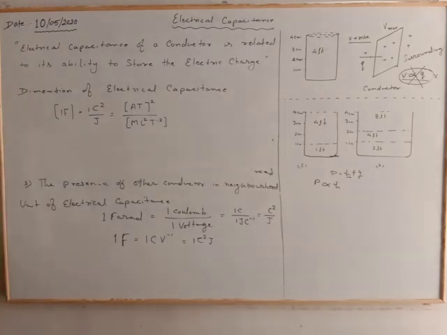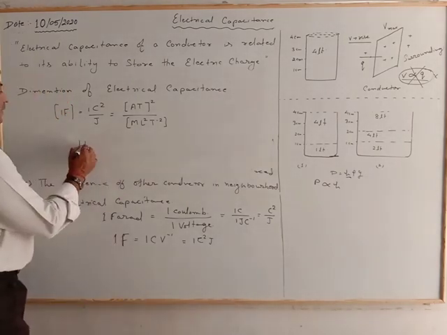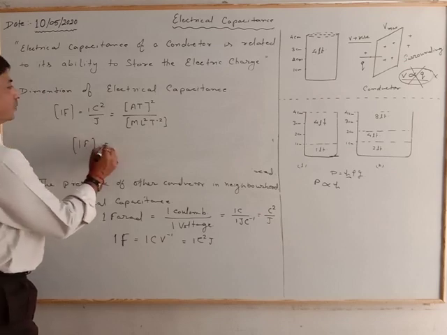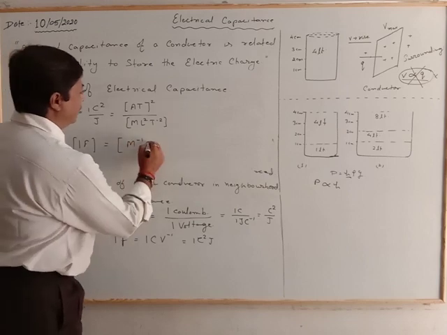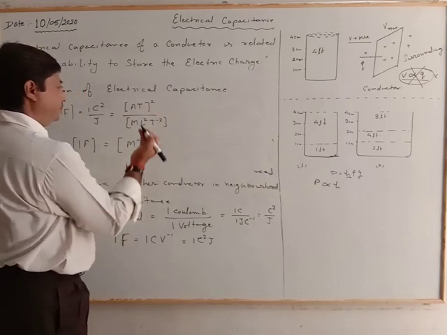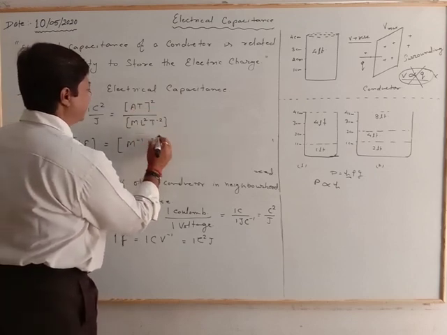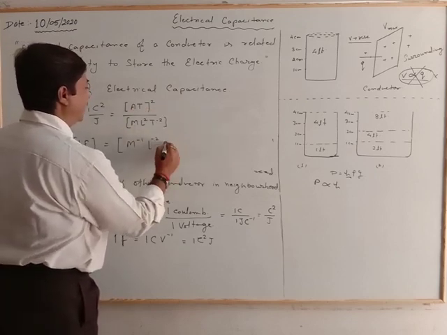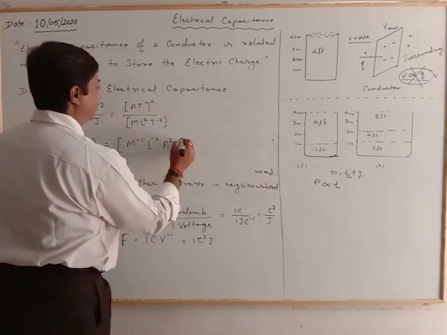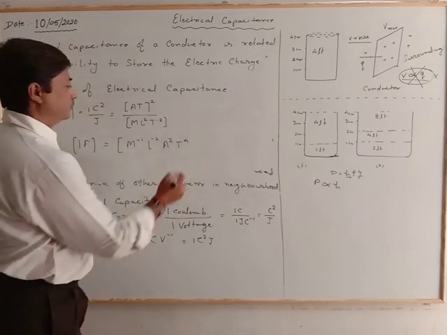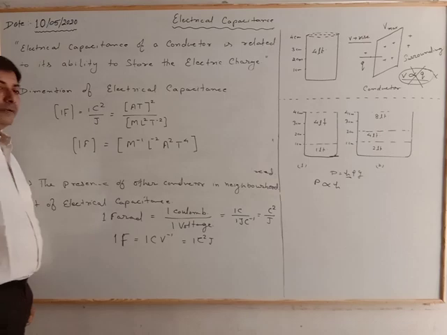So the dimension of 1 farad is M to the power minus 1, L to the power minus 2, A square and T to the power 4.